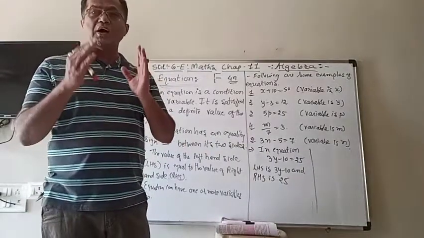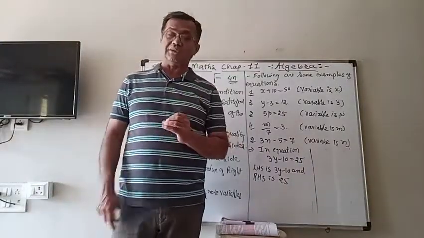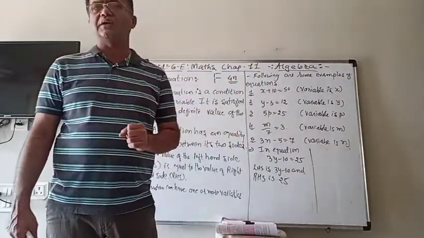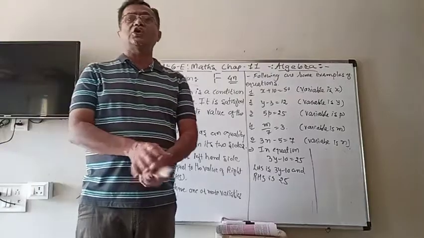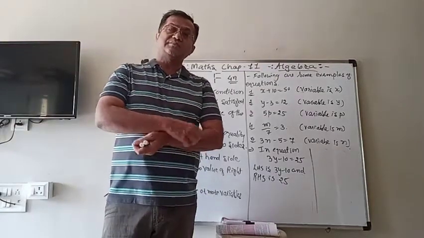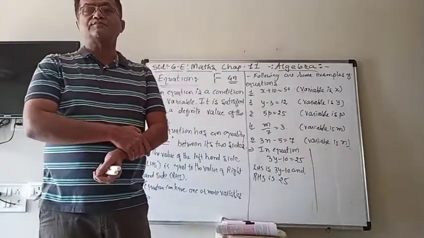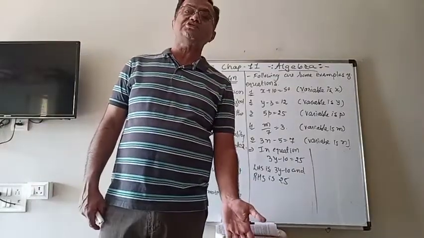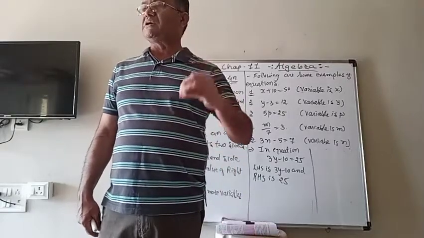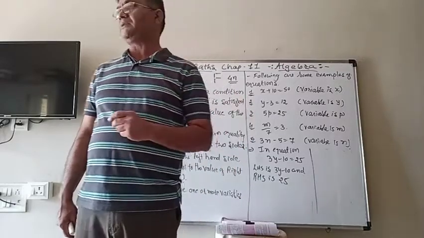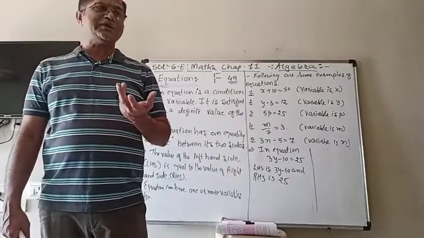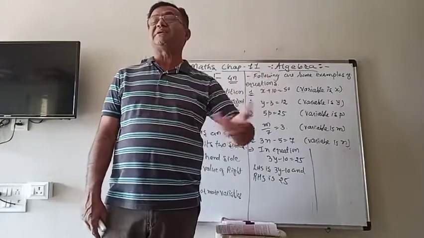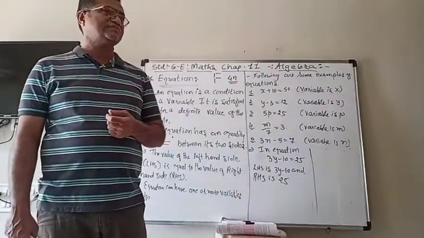And the value of both sides will be equal. The value of both sides must be equal, otherwise it is not an equation. An equation can have one variable or two variables, but it must have at least one variable, because if there is no variable then it is only an arithmetical expression.